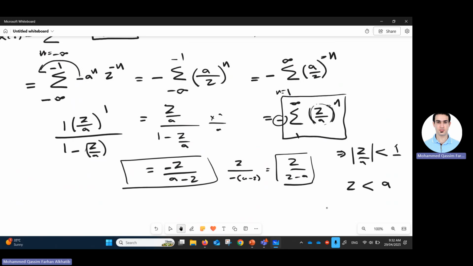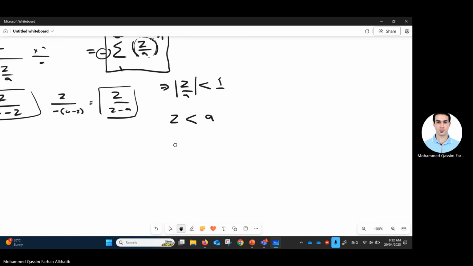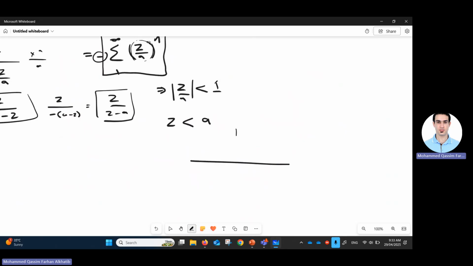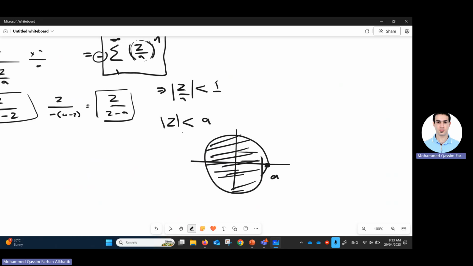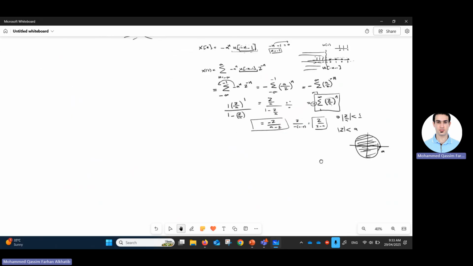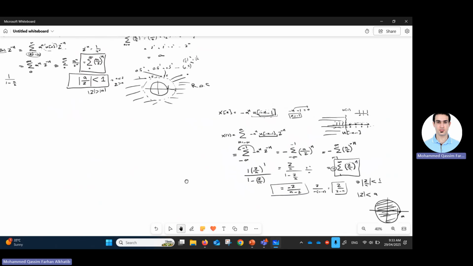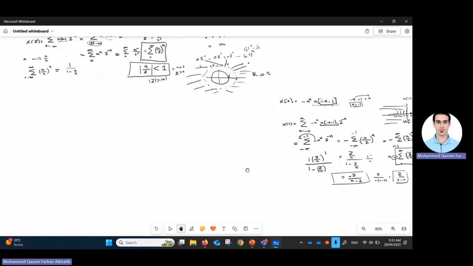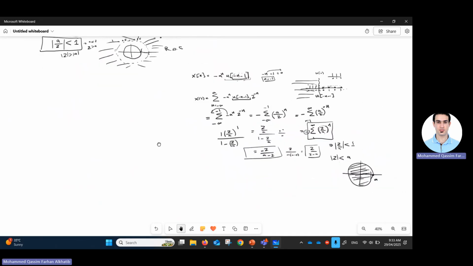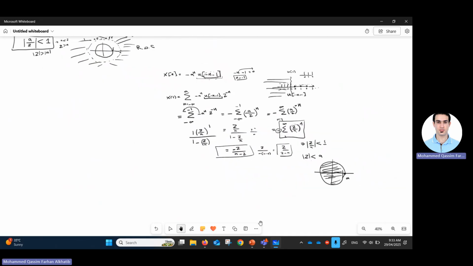If you want to apply the region of convergence on the unit circle, let's assume this is the value a, so |z| less than |a| is the region of convergence for this expression. Are we clear about the region of convergence? Compared to the previous example, I believe we got a similar expression, but with a different region of convergence.